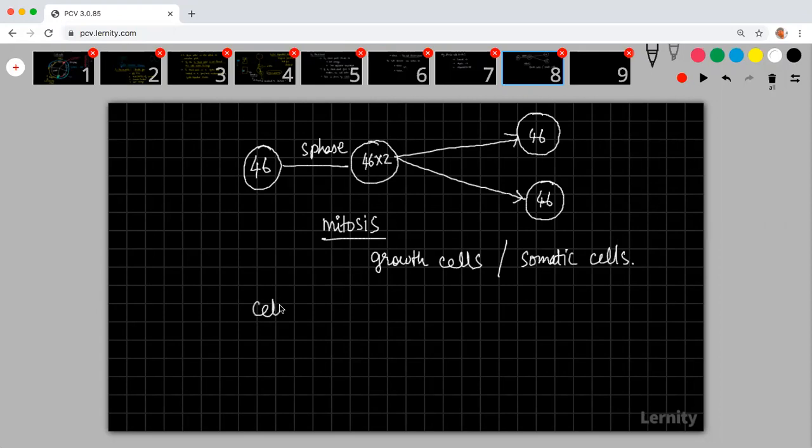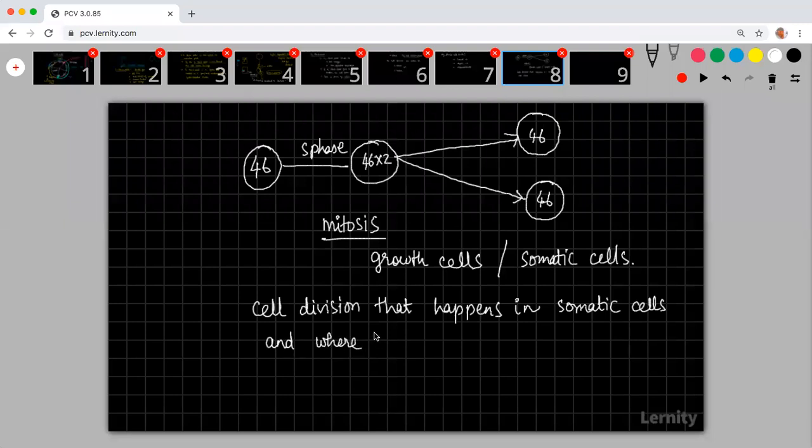Mitosis is a cell division that happens in somatic cells, and where the chromosomal number is maintained.